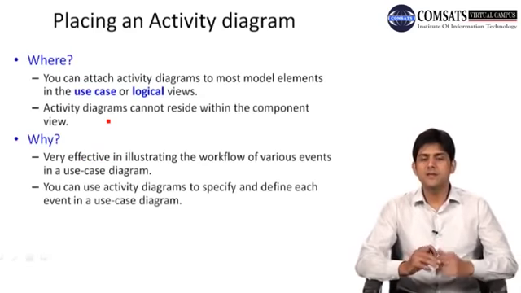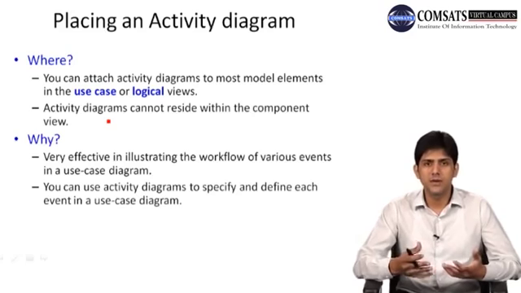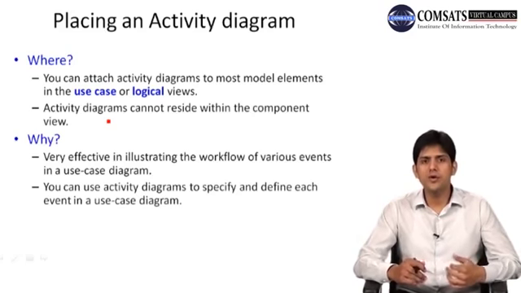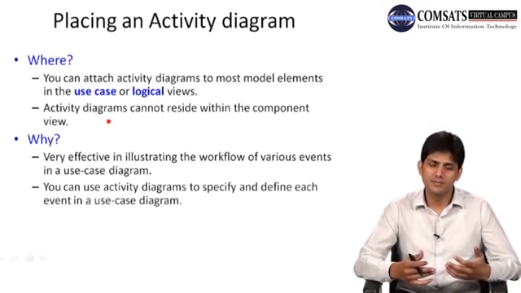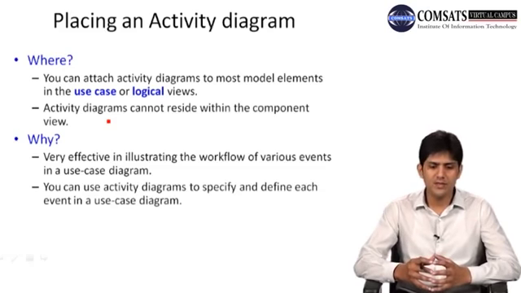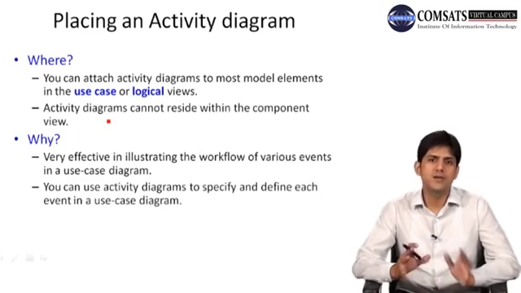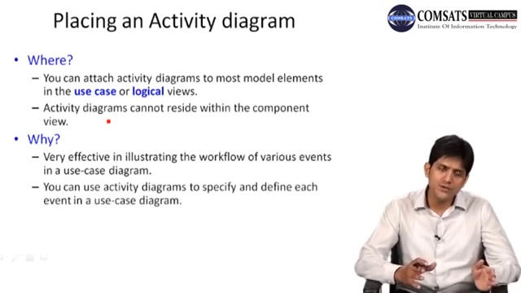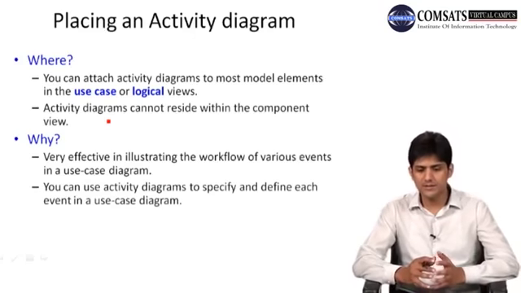Okay. And the second question, which I think is a very important question that you should have thought about, is where to place an activity diagram. We saw that use cases are normally the first technical representation of a system, but where do these activity diagrams come in? You can attach activity diagrams to most model elements in the use case or logical views. So if you have to put the activity diagrams, they would be after the use cases, because we saw that we are going to analyze the use cases mainly through these activity diagrams.